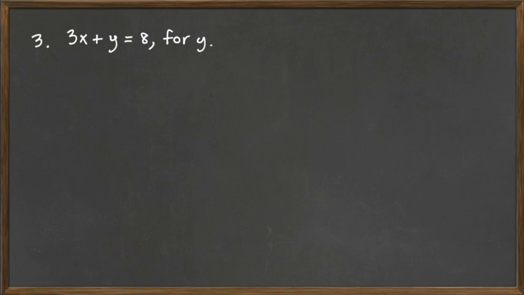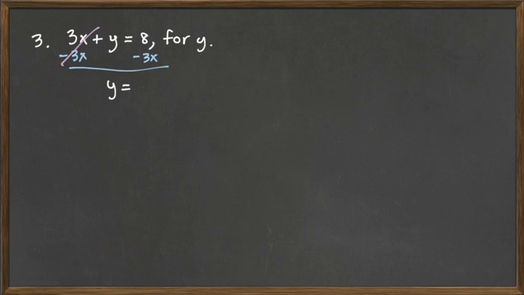So in a similar manner, we're trying to get y by itself, so we need to get rid of that 3x term. We learned that to get rid of a term, you just add its opposite to each side. So you can think of it as you're adding negative 3x to both sides, or you can think of it in terms of subtraction. But we're going to get just y on the left. Now on the right, you got to be careful.